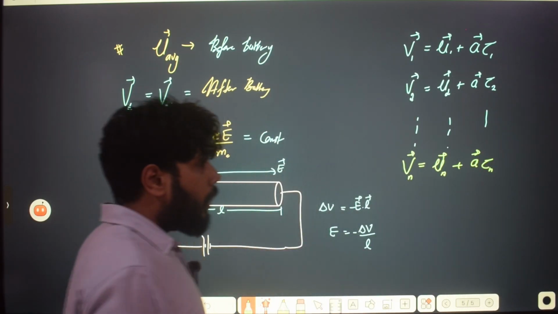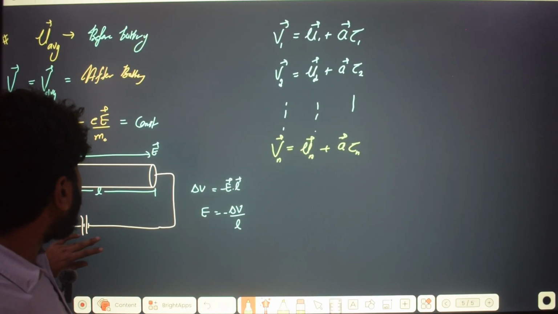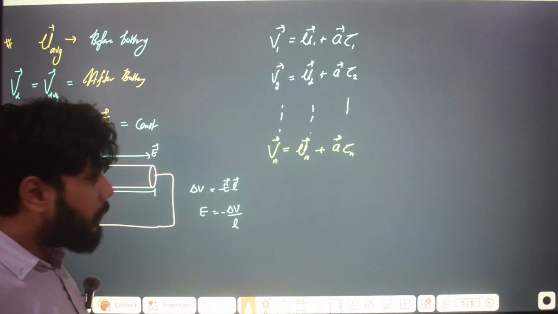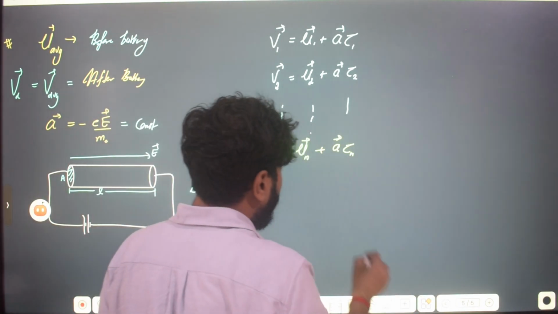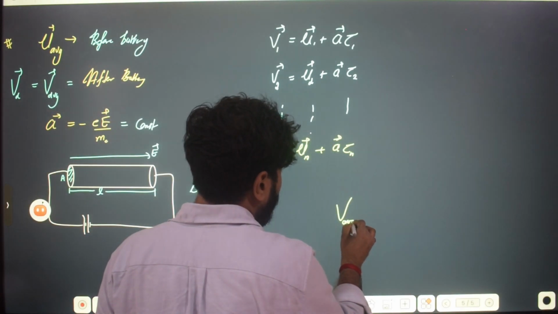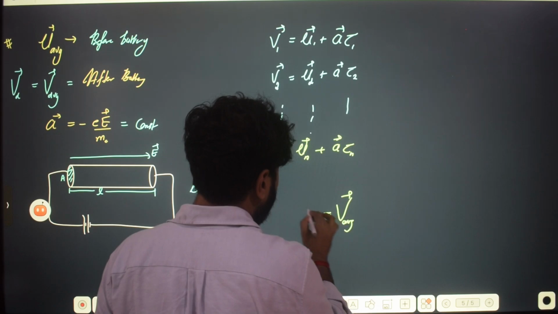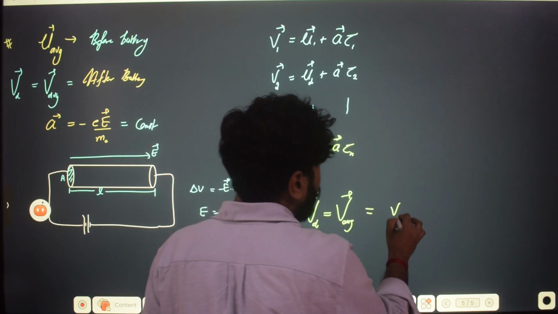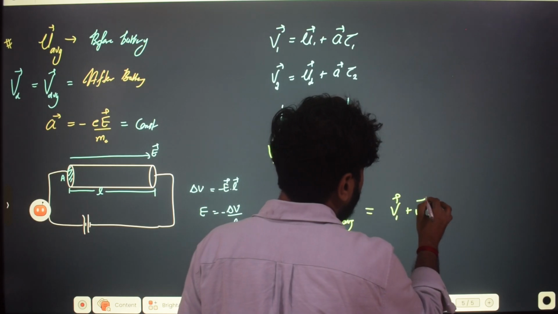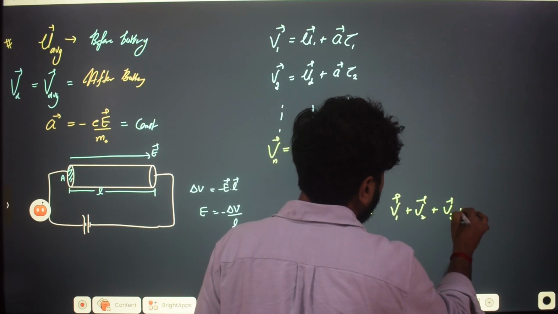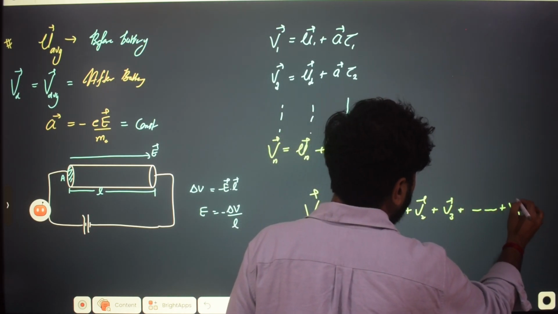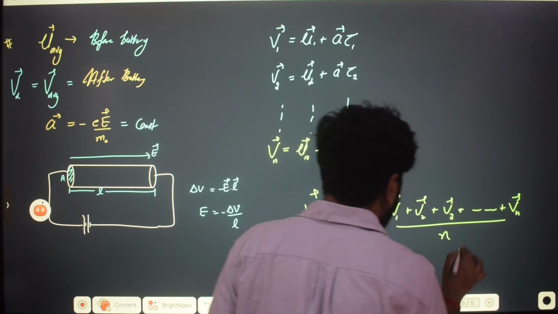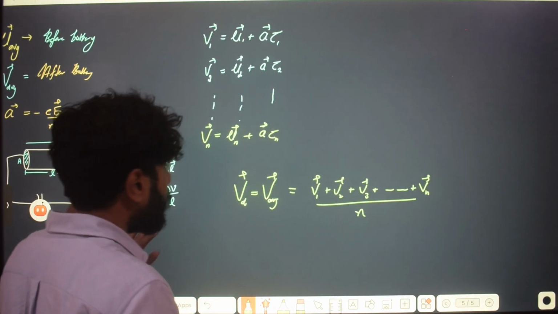What we are trying to find is the average velocity, the final average velocity, which is also the drift velocity. So that will be v1 vector plus v2 vector plus v3 vector up to vn vector, over n. Now you can plug in the values.